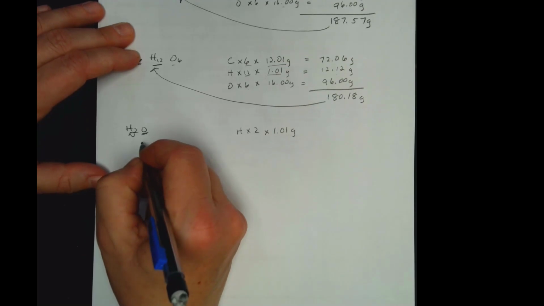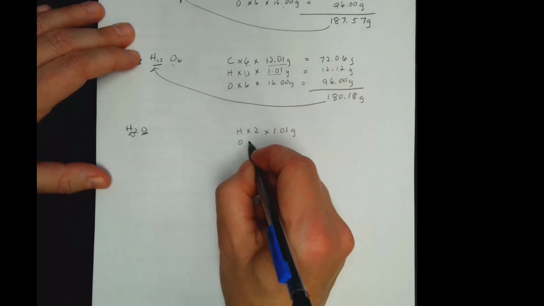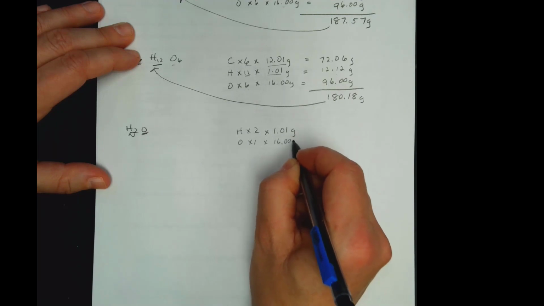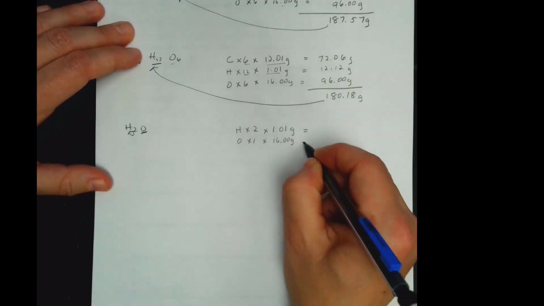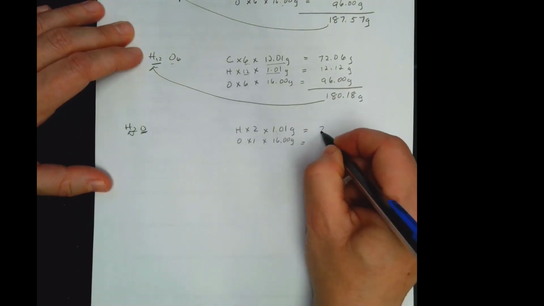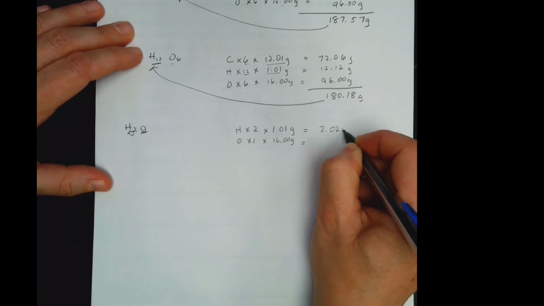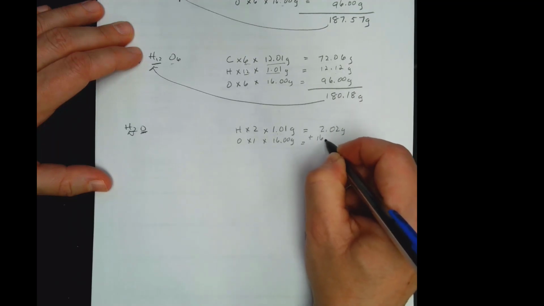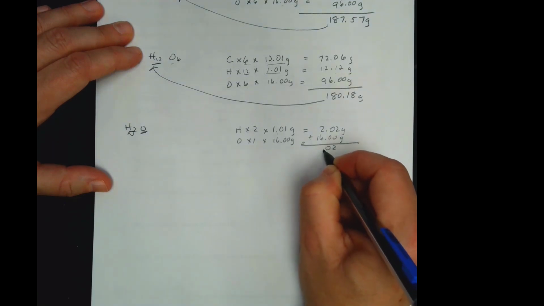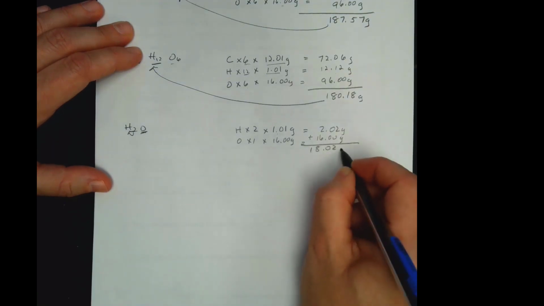I've got 1 atom of oxygen, so oxygen times 1 times 16.00 grams, and I get that 16 from the periodic table. So 2 times 1.01 is 2.02 grams plus 16.00 grams, and if I do the math on that, I end up with 18.02 grams.